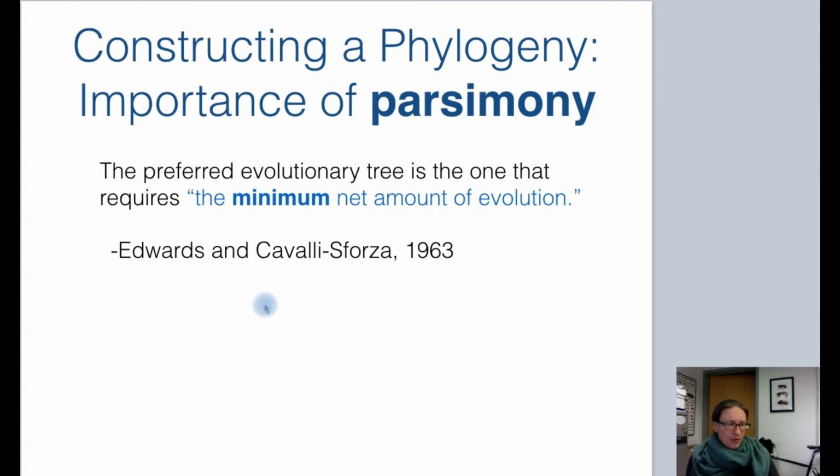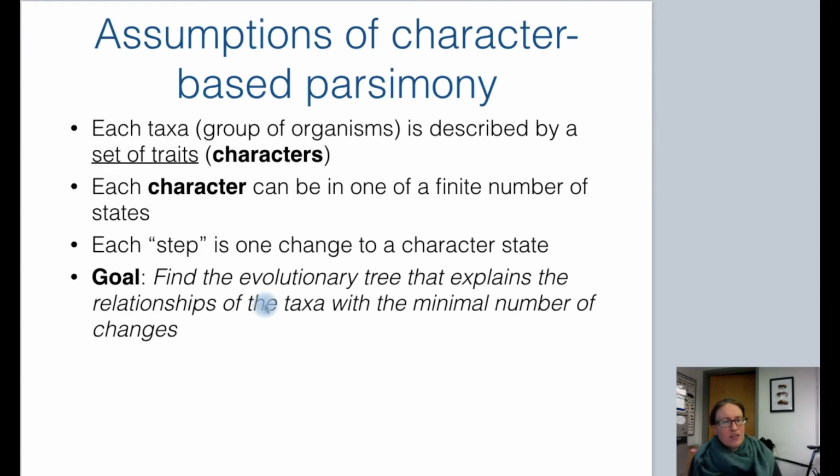One critical principle for construction of phylogenies is the principle of parsimony. In a nutshell, there's agreement that the preferred evolutionary tree is the tree that requires the minimum net amount of evolution. So it's the simplest possible explanation for how we got where we are. Here are some of the factors that go into constructing a phylogeny using what's called character-based parsimony.